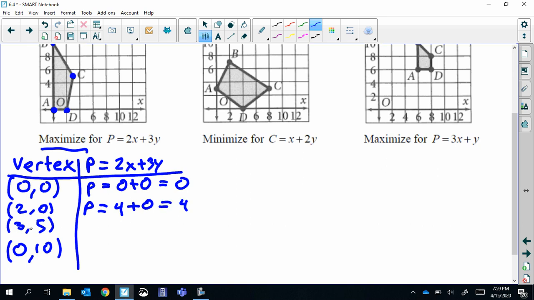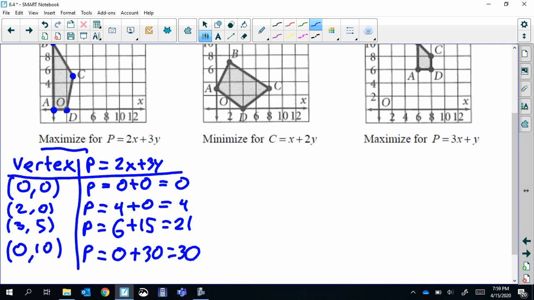Now we're going to plug in 3 and 5. 3 for x: 2 times 3 is 6. 5 for y: 5 times 3 is 15. Add those up, you get 21. And then plugging in 0 and 10, we get 0 plus 3 times 10 is 30.